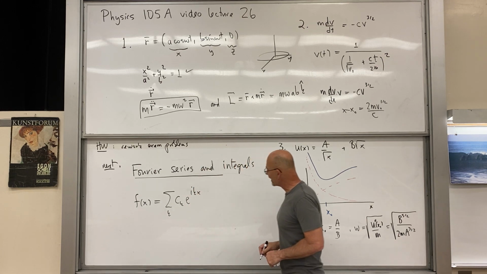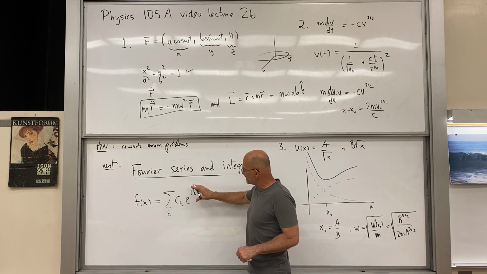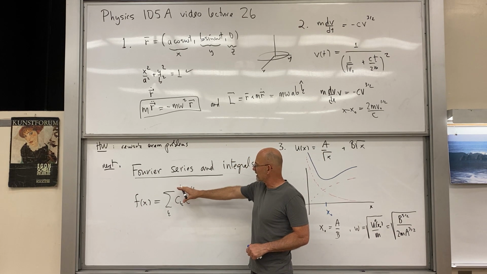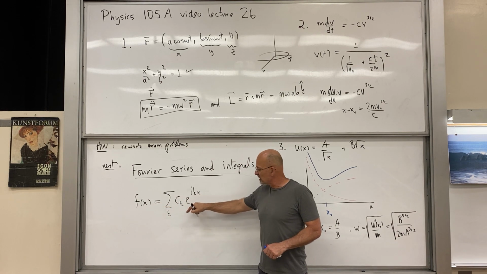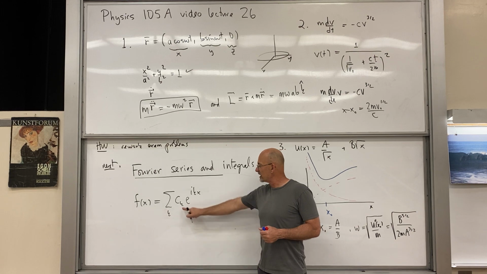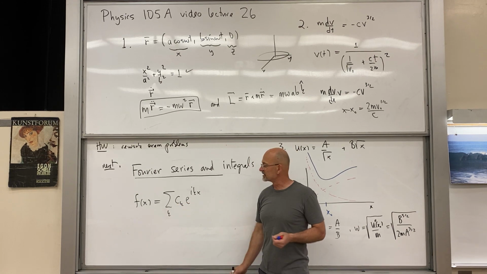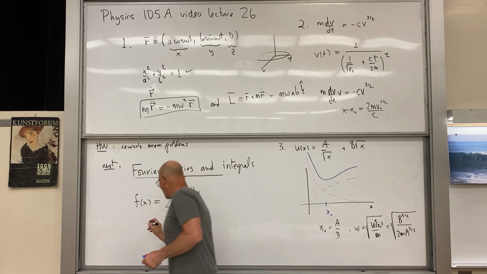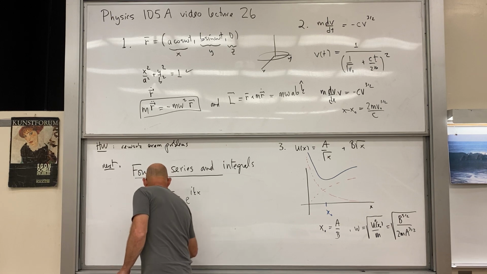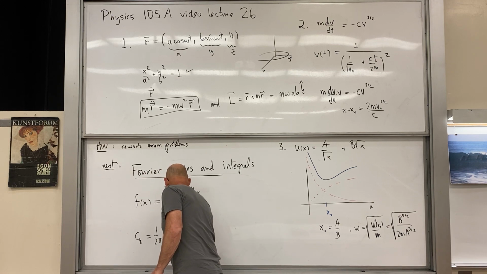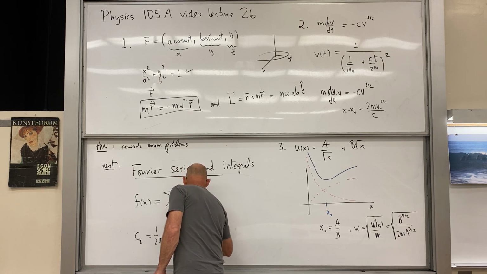We've had some nice examples of this, and it's a series expansion in trigonometric functions. If f of x is a real function, then these combinations will also turn out to be real, even though individually c sub k is complex and e to the i kx is also complex. The coefficients are c sub k equals 1 over 2 pi, integral from minus pi to pi, f of x e to the minus i kx dx.